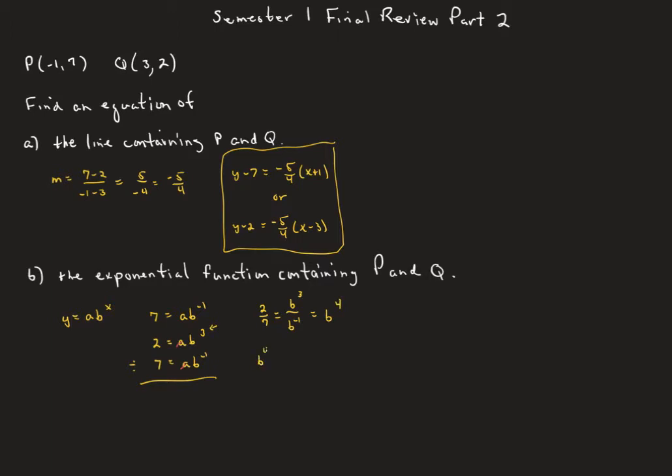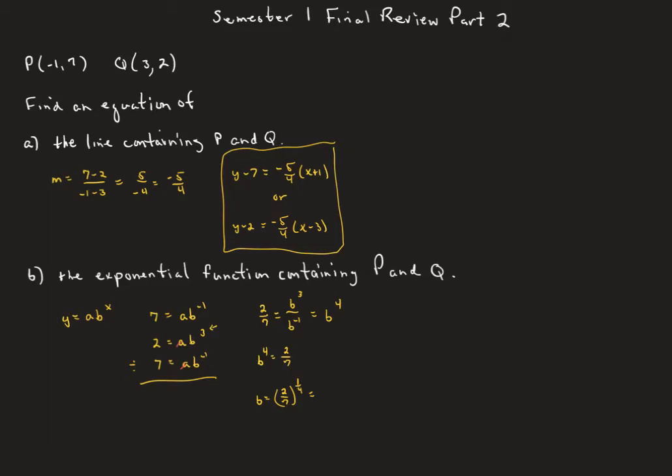So we have b to the fourth is 2 sevenths, so we can raise that to the 1/4 power. And I'm going to grab my calculator and do that. That looks like we're going to get 2 divided by 7 raised to the 1 divided by 4 power.